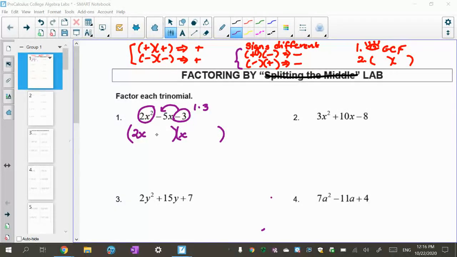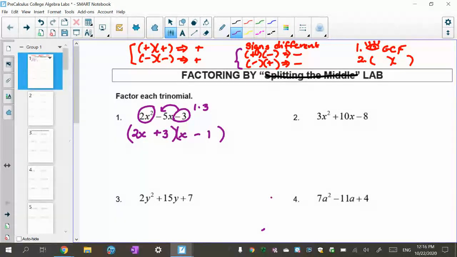If I did a +3 here, and don't copy this down, and a -1 here, because the signs are different, when I multiply this I get 2x squared, and when I multiply the last one I do get a -3, but it's the middle that determines it. 2x times -1 is -2x, plus 3x.